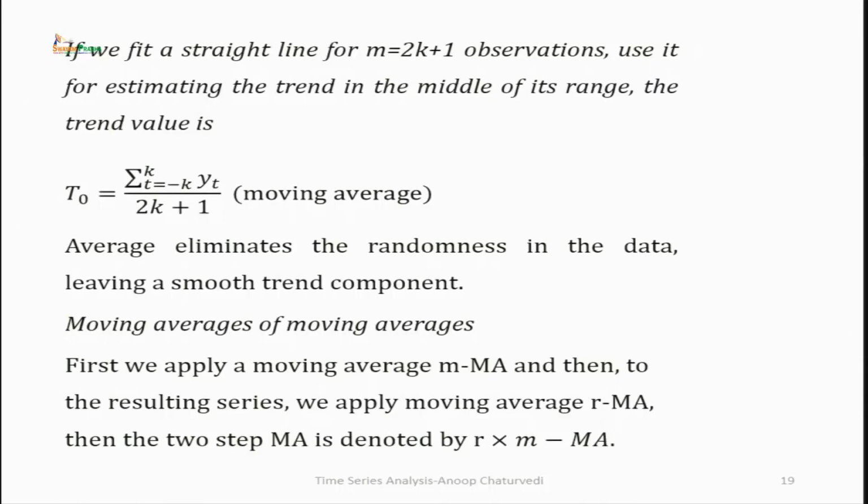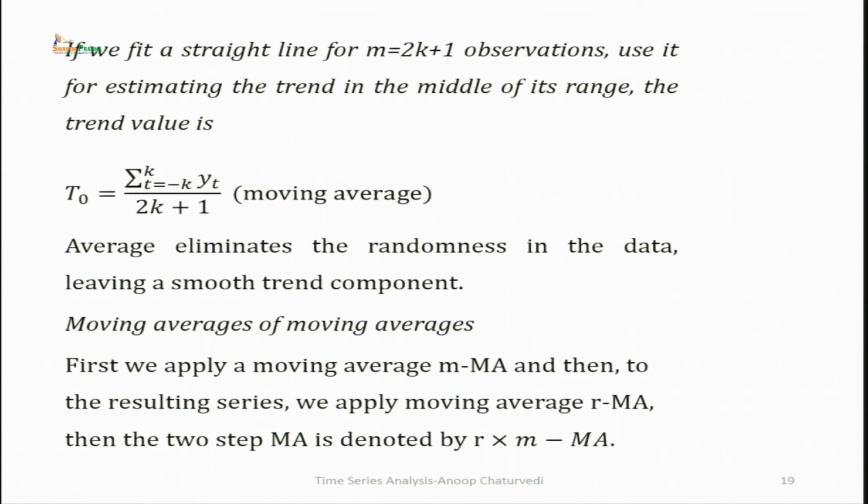Same argument we are applying here also. Your trend value is summation t equal to minus k to k y t upon 2k plus 1. This is the trend value corresponding to the observation in the middle of the range.